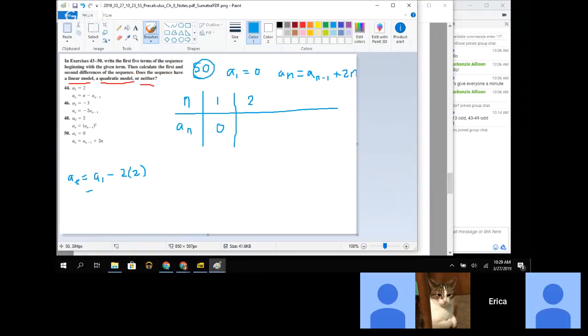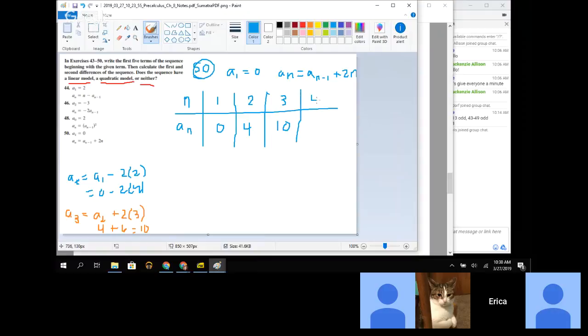So a sub 1 was 0, plus 2 times 2 is 4. All right, so what happens when your number equals 3? A sub 3 equals a sub 2 plus 2 times 3. A sub 2 was 4, so 4 plus 6 is 10. So your third term is 10.